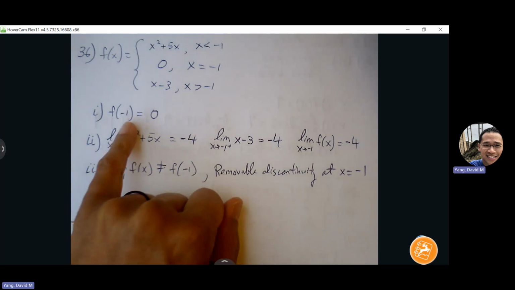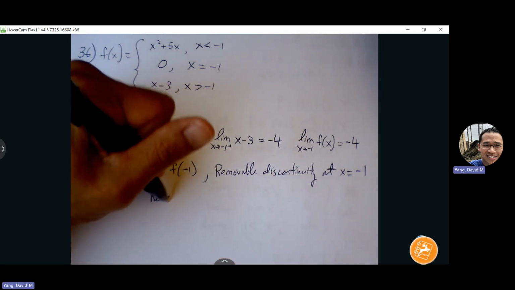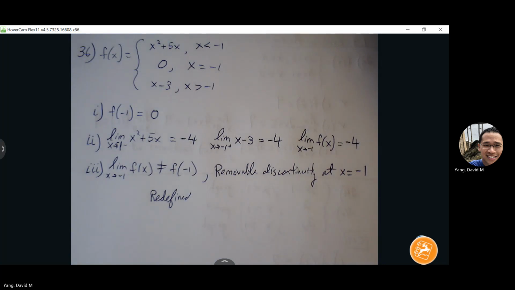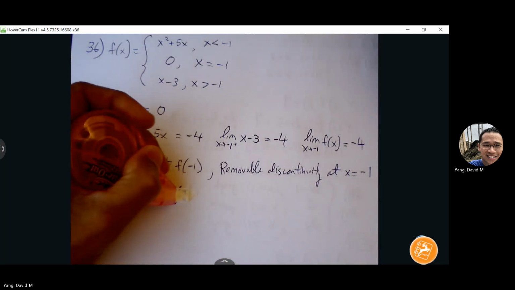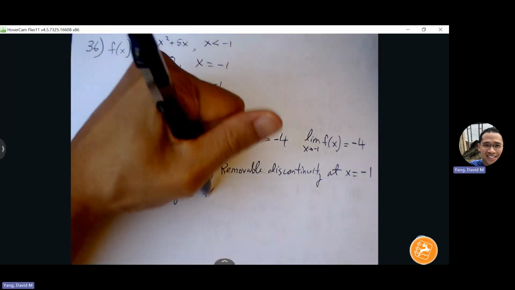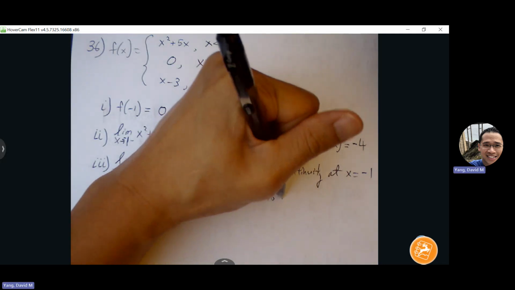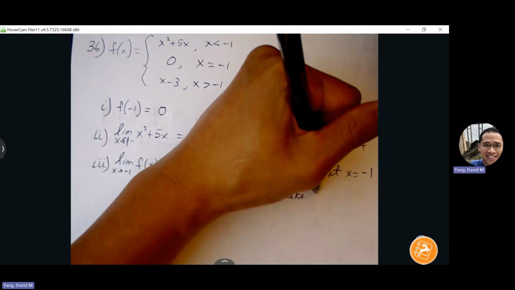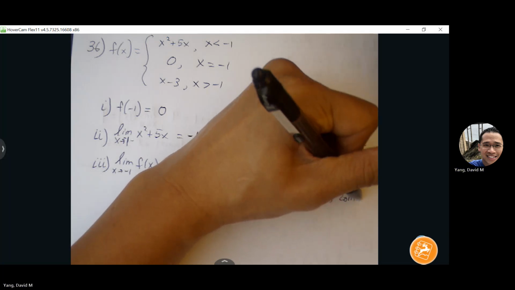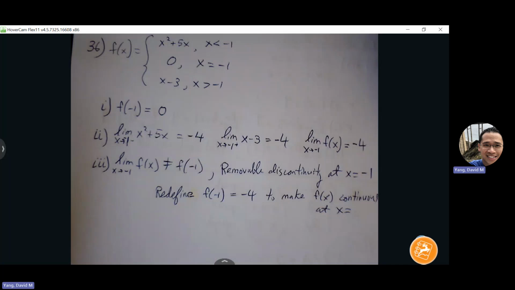Make f of -1 equal to what? -4, yeah. So redefine f of -1 to equal -4 to make f of x continuous at x equals -1.